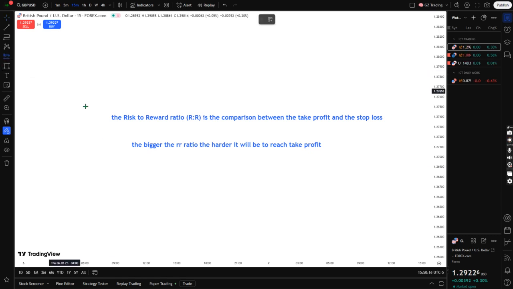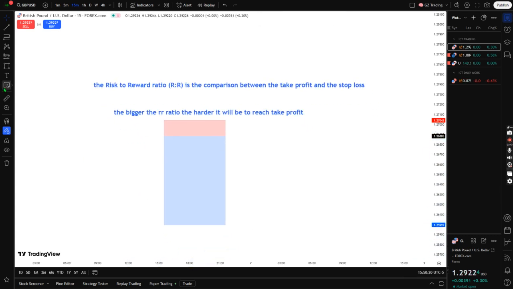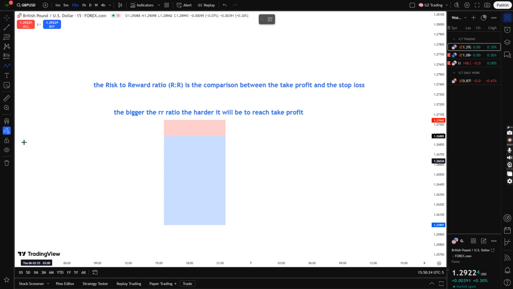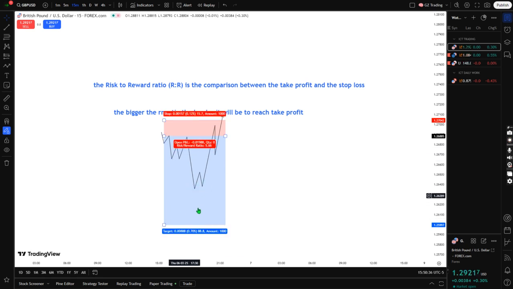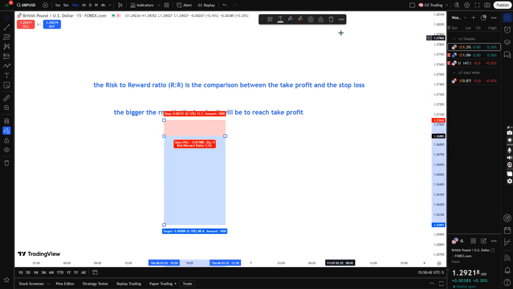So for example, if we have this short position here, and maybe the market goes like this, short about right here, the market then starts going all the way down there, maybe then reverses. So that's why it is harder, because there is more space to get to our take profit.